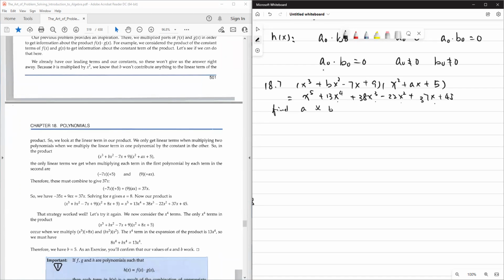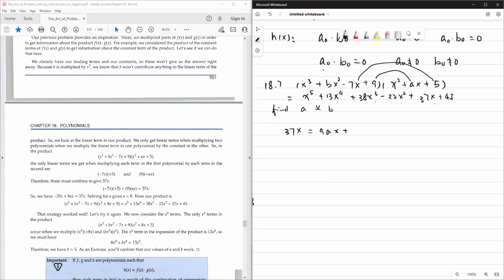Okay. So go back here. Let's see. We know this one. So 37x must be from this two and this two. Make sense? That's the only two terms that give you the first power. So we have 9ax.